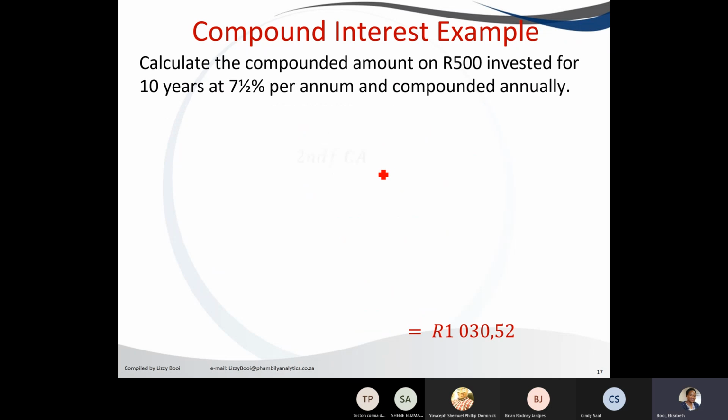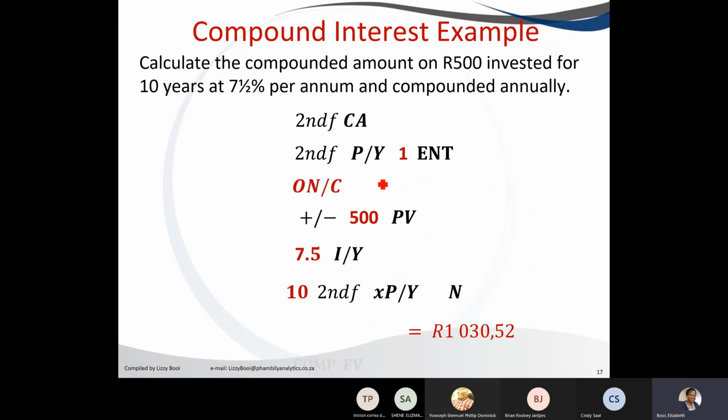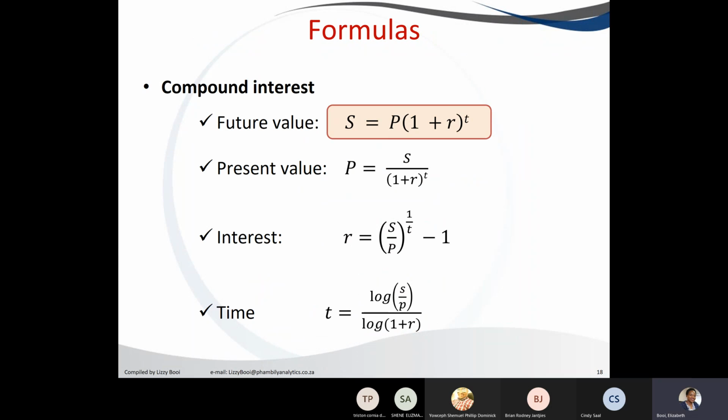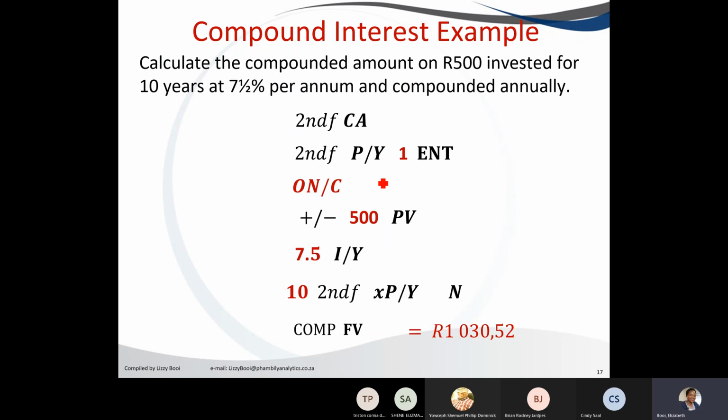When we do the financial calculator steps, like I said, the steps are almost exactly the same. The only thing that changes is the value you are storing. The first step, always clear your calculator from any stored information, especially now when you are doing the financial math. You will be calculating one question after the other, so there will be data stored on your calculator. You need to make sure that you clear that data by pressing second function CA.